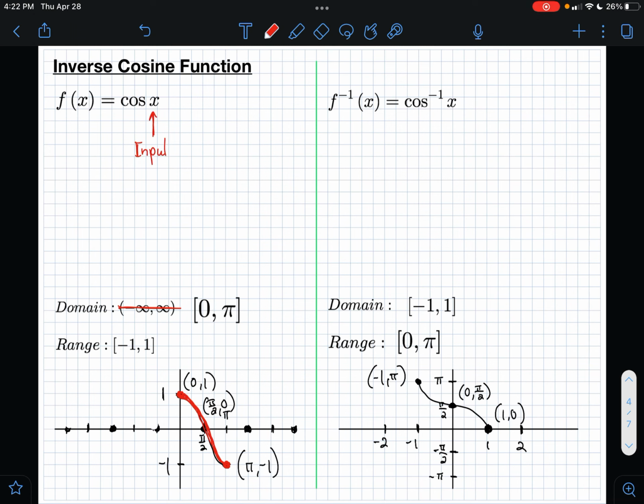So the inputs are, again, angles in radians, and the output values of the cosine function, well, this time we see a difference. The outputs are x coordinates on the unit circle now.